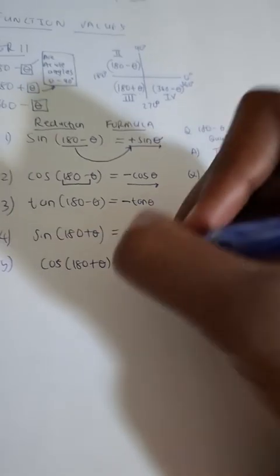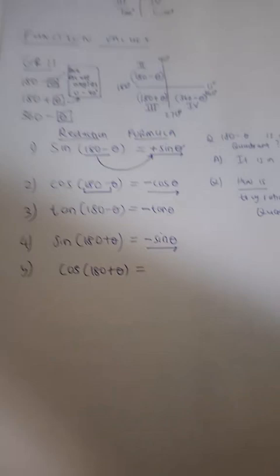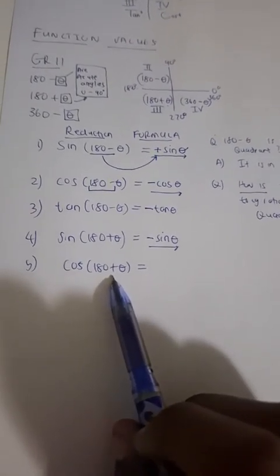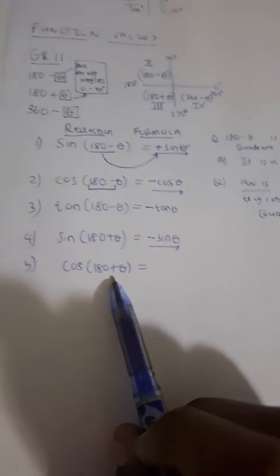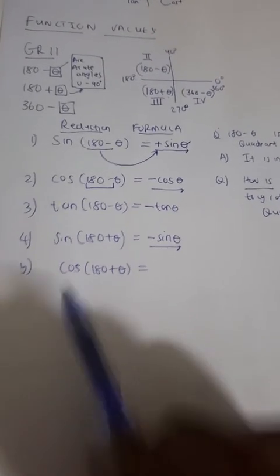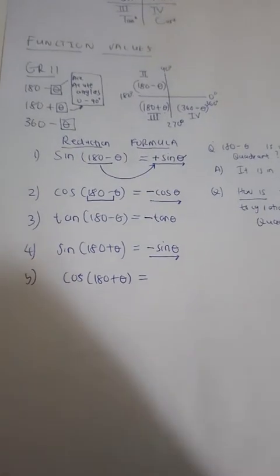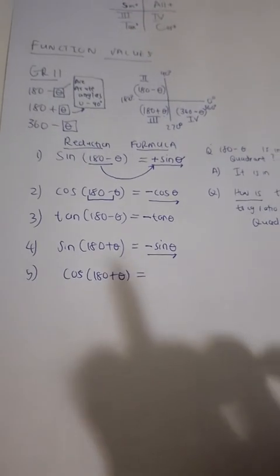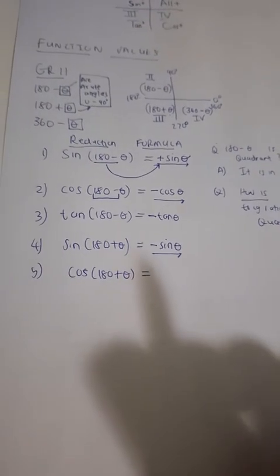Cos of 180 plus theta. Same question. 180 plus theta is in which quadrant? How is cos? You guys know the answer. You write down the sign, you write down the cos, you write down its acute angle, because the 180 plus falls away.